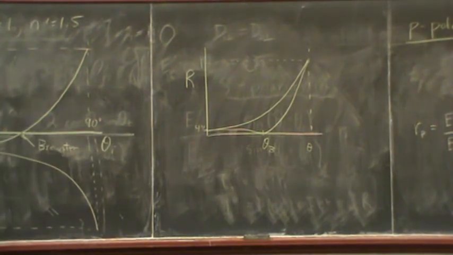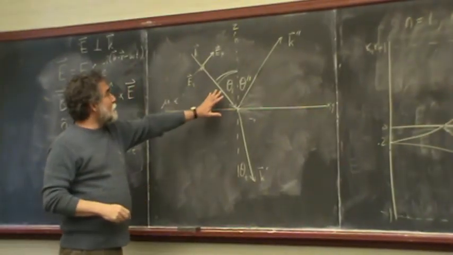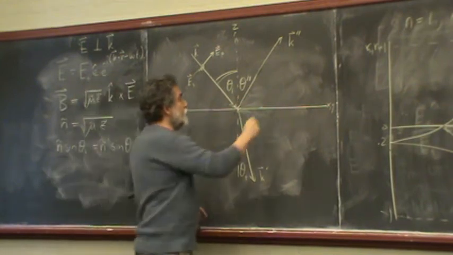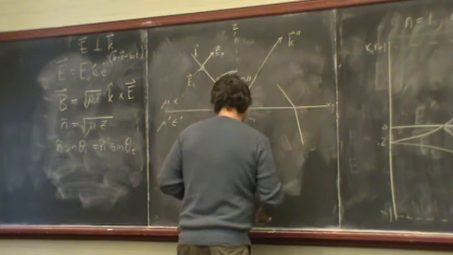Now, there's a neat physical explanation for what's going on here when you hit the Brewster angle. It's just a nice thing to remember, but it's not important to remember. If I think about the field in P polarization on the two sides of the interface, I have my incident wave, and I have my refracted wave.